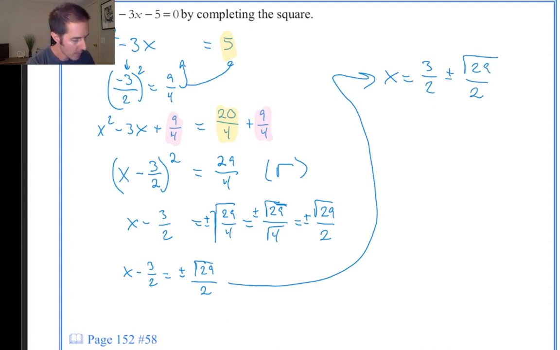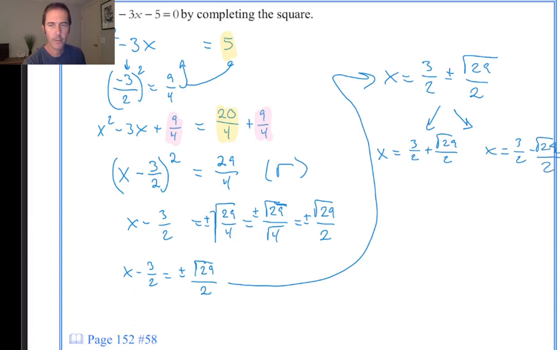So we are going to now turn this into the two separate answers, splitting up the plus or minus. Our first solution will be x equals 3/2 plus the square root of 29 over 2, or x equals 3 over 2 minus the square root of 29 over 2. I'm running off the page and right off the screen there.